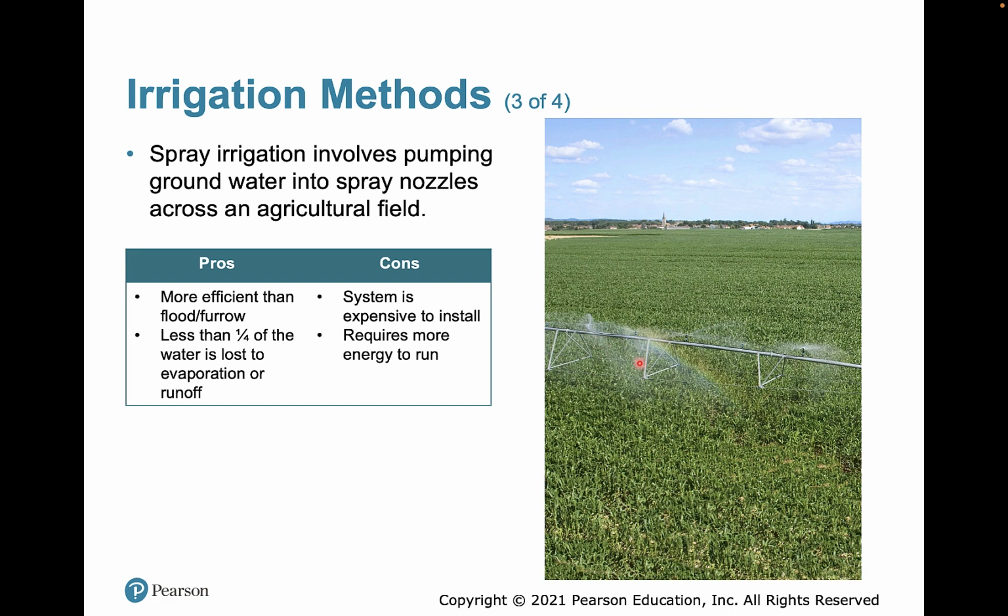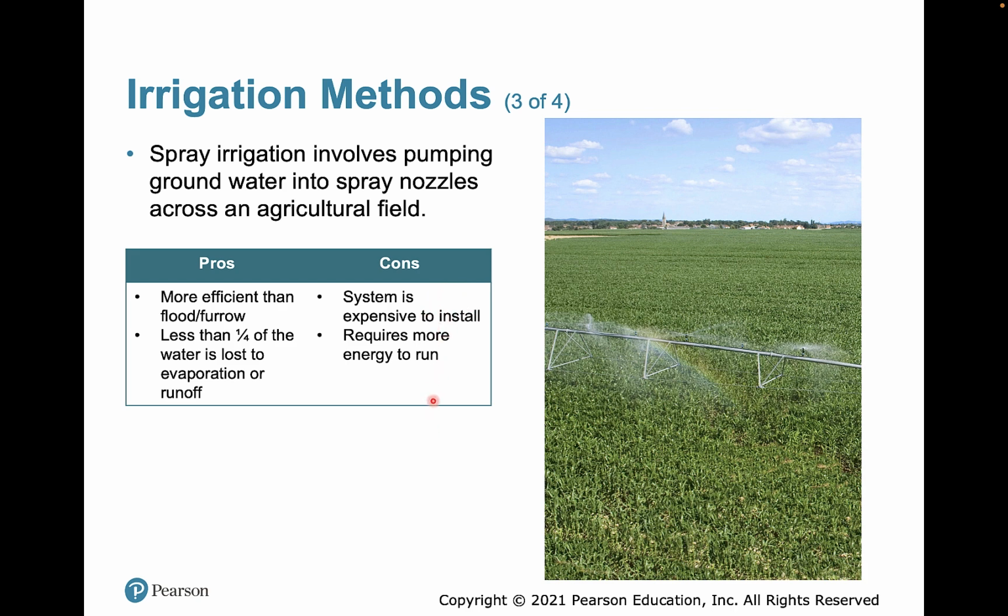You have equipment, right? You pump groundwater out into spray nozzles and you spread it across an agricultural field. It is more efficient than the flood and furrow irrigation because less than a quarter of that water is lost to evaporation or runoff. It's probably closer to 10%. The downsides, the system is expensive to install, right?